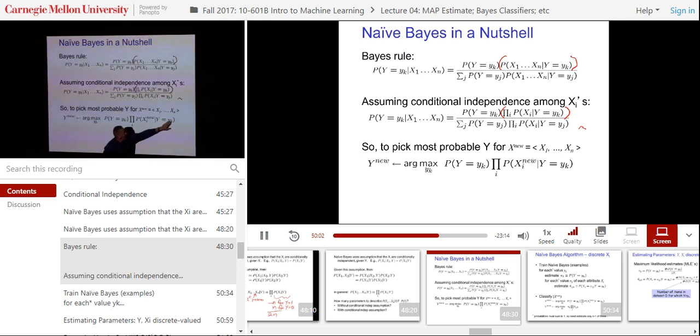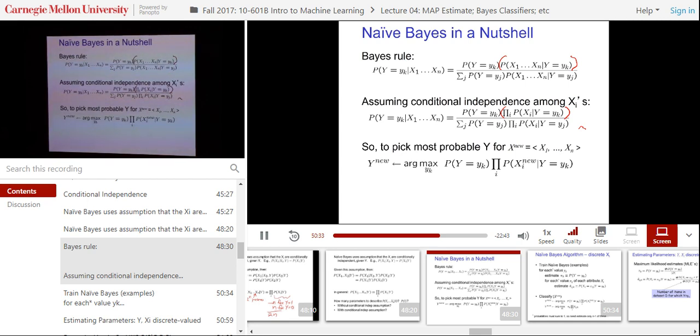We calculate it for the case where y equals 0 times the prior probability that y would be 0. And then we calculate it again for the case where y equals 1. And then we take whichever one of those assignments to y gives us the greatest probability, because the greatest of this will be the greatest of that by Bayes' rule. Okay, so that is the naive Bayes algorithm.